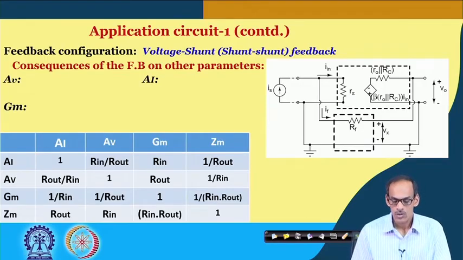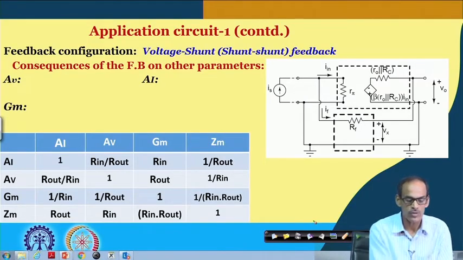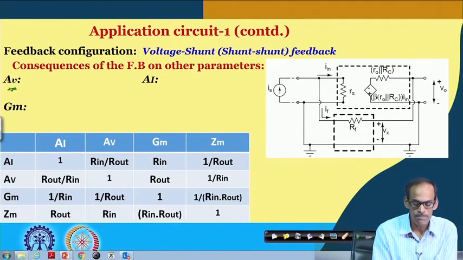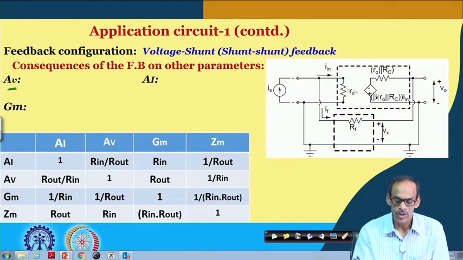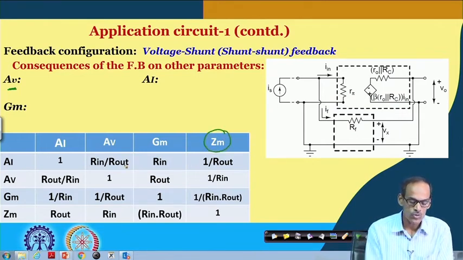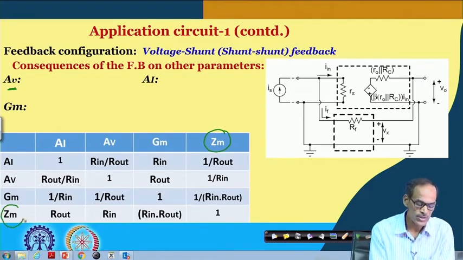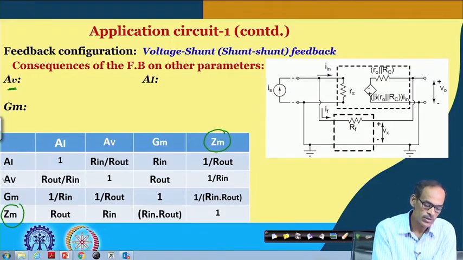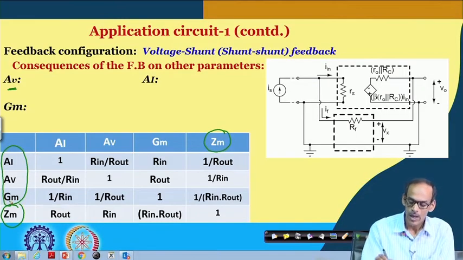Yes. So, in this negative feedback system we are of course expecting that there will be changes in the other parameters. If you see the configuration here, the main parameter is Zm, and we already have seen what kind of changes are happening in Zm, and we would like to see what changes are happening in the other parameters.